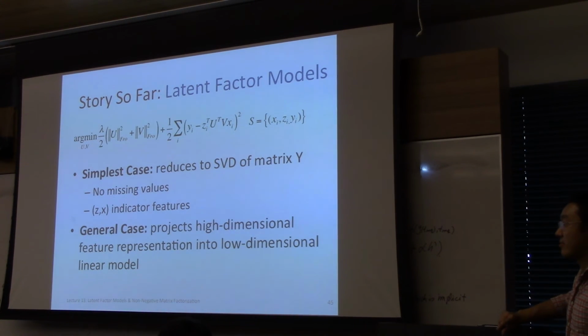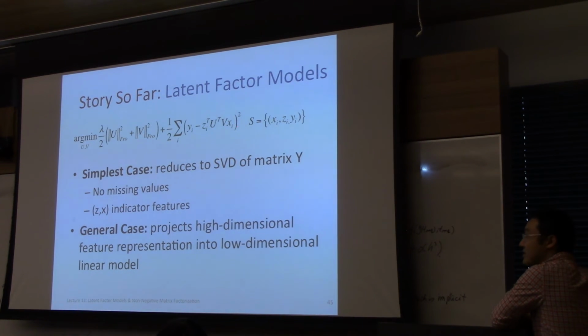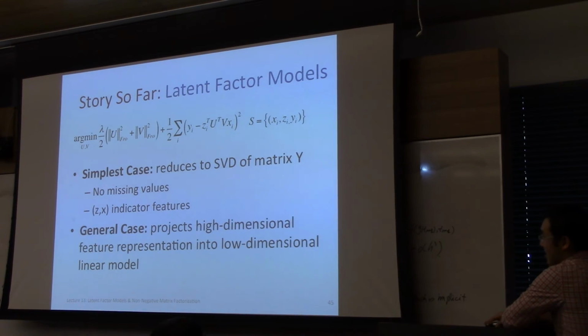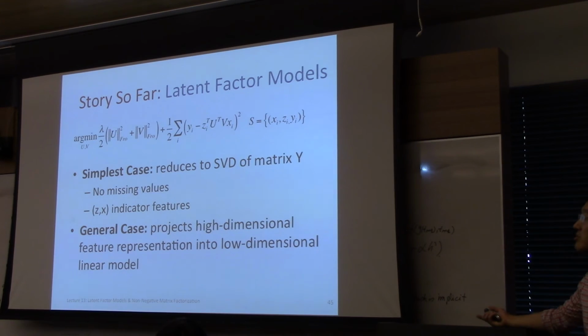And then when you add a new user, you have to change the vectors for all the... So typically you don't. Typically you hold V fixed. If you have a lot of data, you can hold V fixed and just estimate U when new users come. And then, let's say once a week, we re-estimate the whole model and get a new V. That would be a typical thing that people do in practice.